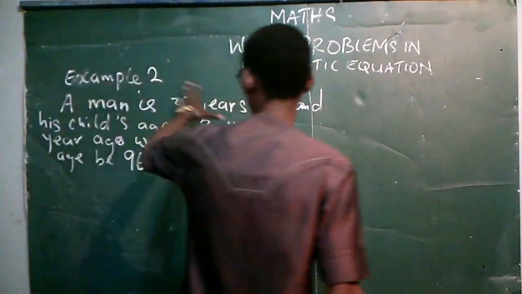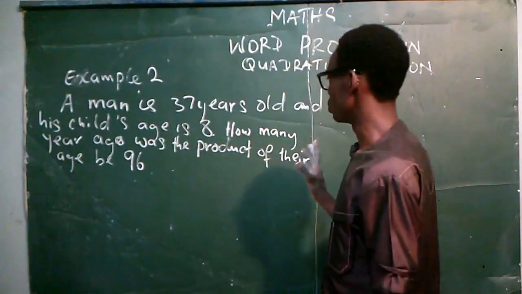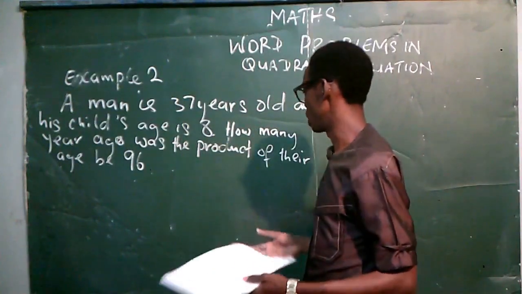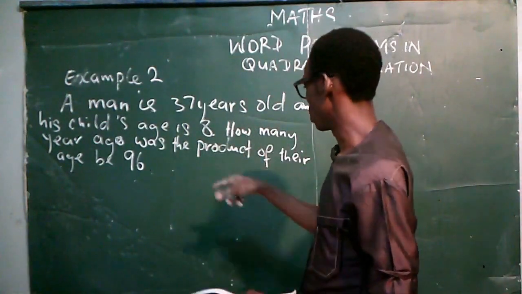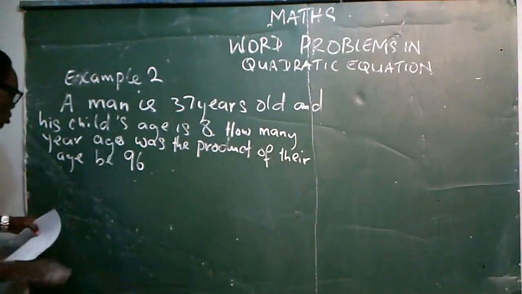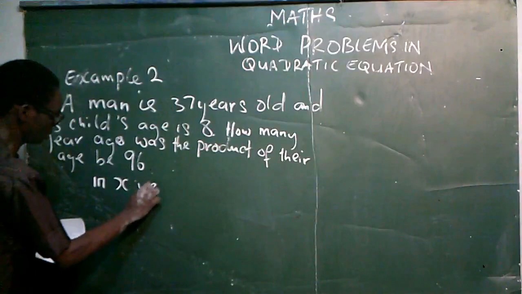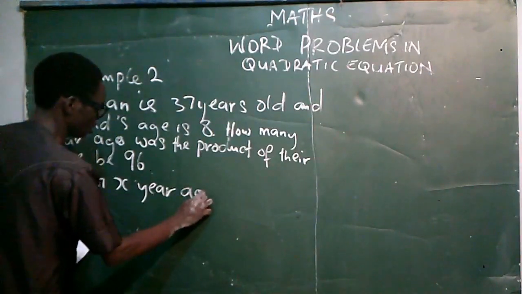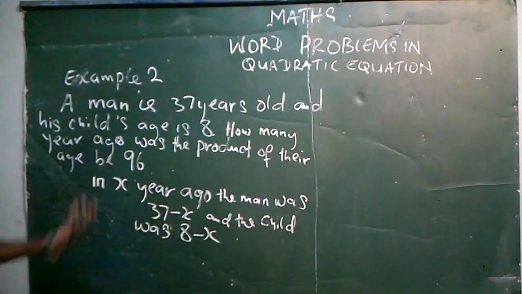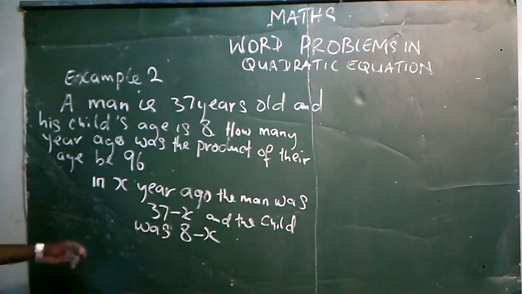Now here is another example, example 2. A man is 37 years old and his child is 8. How many years ago was the product of their ages 96? We will say in x years ago, the man was 37 minus x years, and the child was 8 minus x years.